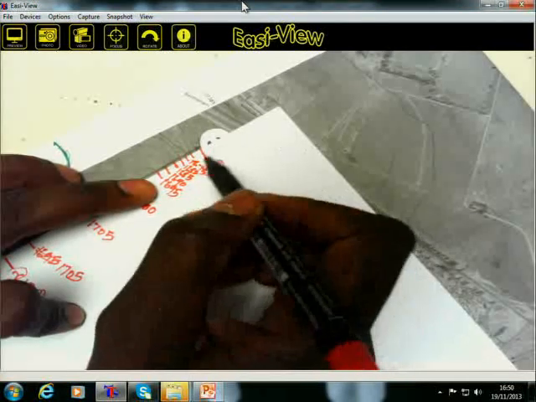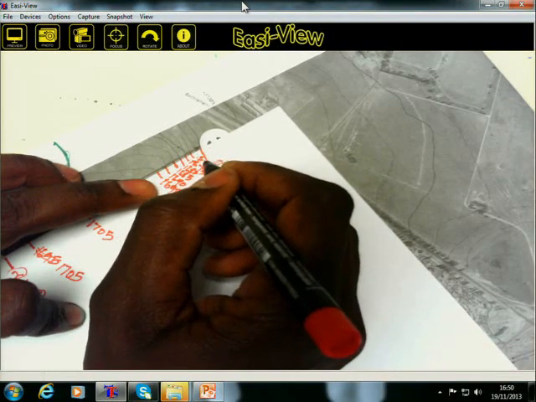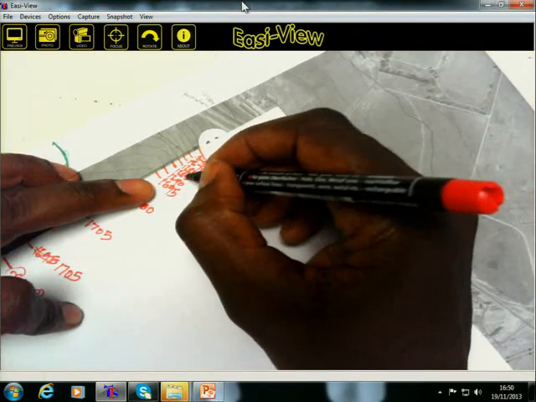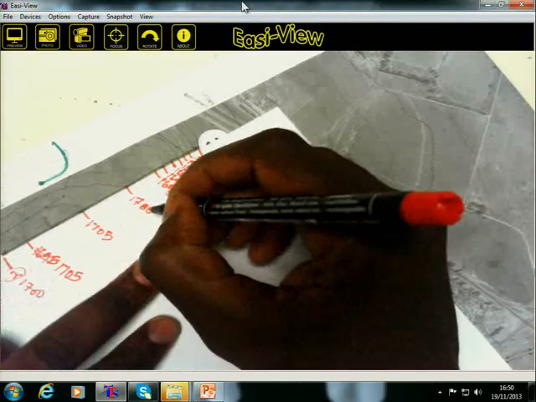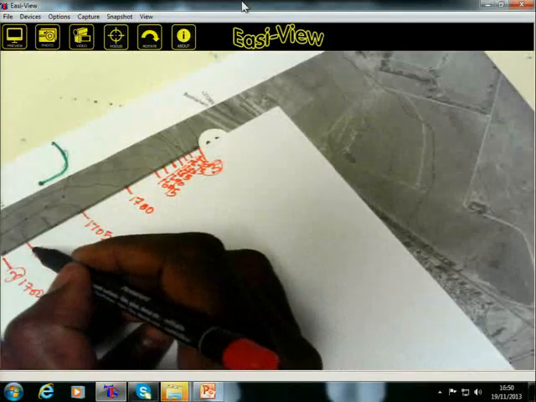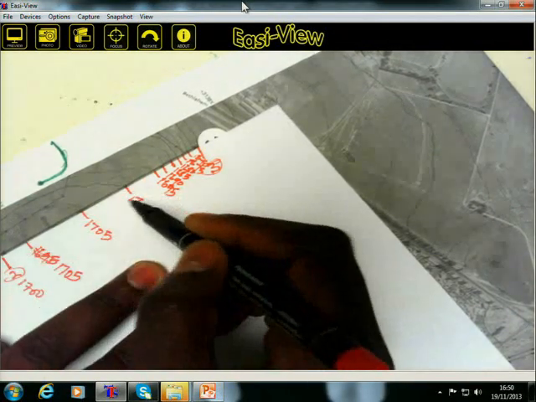I'm now writing very small, 1675. Then you've got 1670, 75, 80, 85, 90, 95, 1700 plus 5, 1705 is the same as this one. This one is the same as this one, which is your 1700.